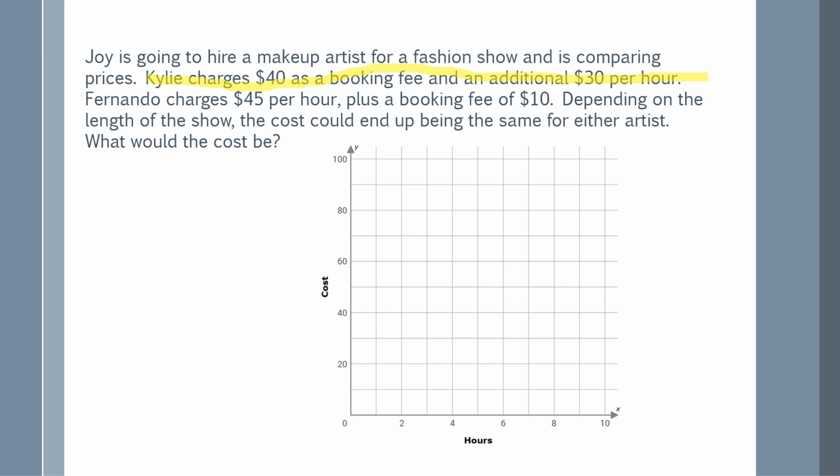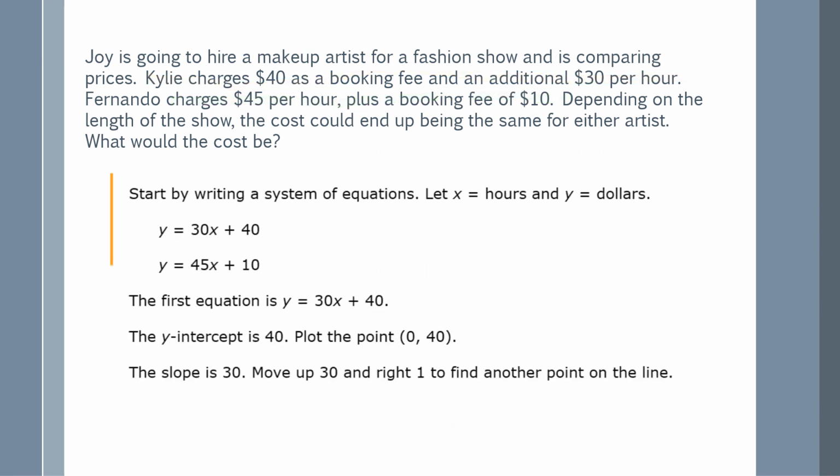You may not have written down the equation, that's okay, but looking at Fernando, you know he charges $45 per hour, which is 45x plus 10. So therefore, you got what you need, and those are the equations for both of them.